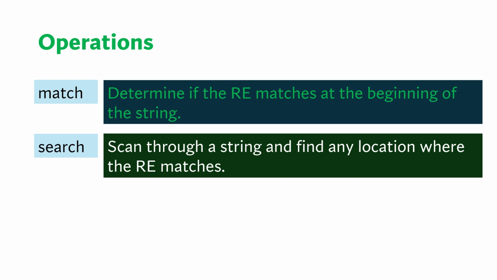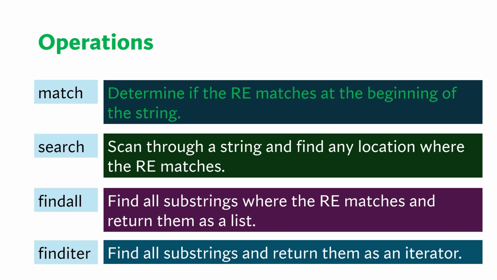For that, we can use findall, which returns all substrings as a list. Or we could use finditer, which returns an iterator. The difference between findall and finditer is that findall only returns the matches, whereas finditer can also return the corresponding start and end positions of those matches.